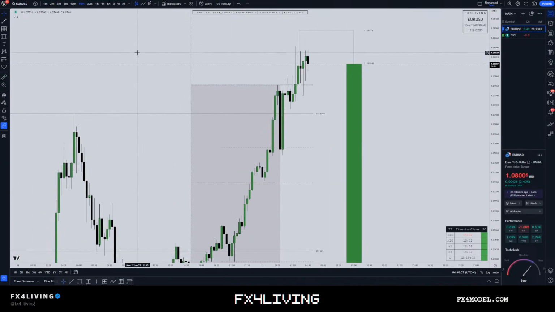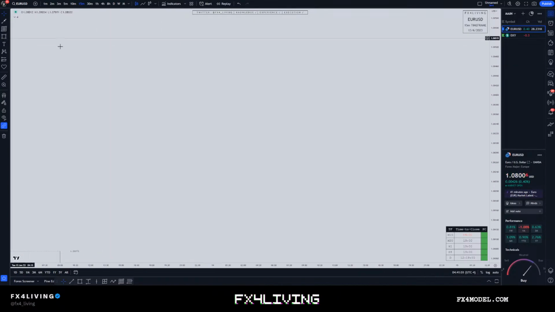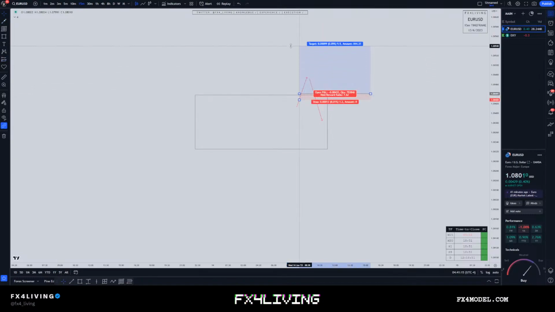So what we should target, okay, this is pretty simple again. This is your range, right? If price activates buyers, price goes back down inside the range. So if people go long here, where their stop's gonna be?